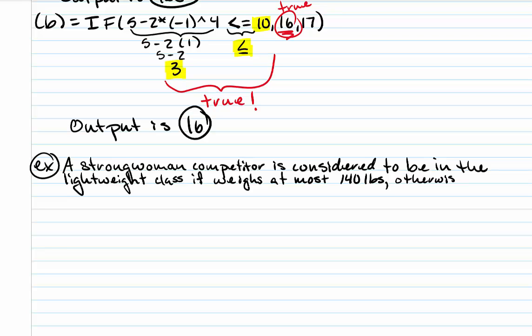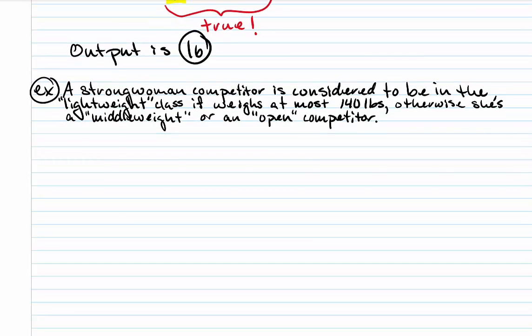Otherwise, she's a middleweight or an open competitor. So these are the different weight classes for strong women athletes. So we can write an IF function to input a woman's weight and decide which weight class she would be in. So if we were to roughly sketch what Excel would show us, it would look something like this.